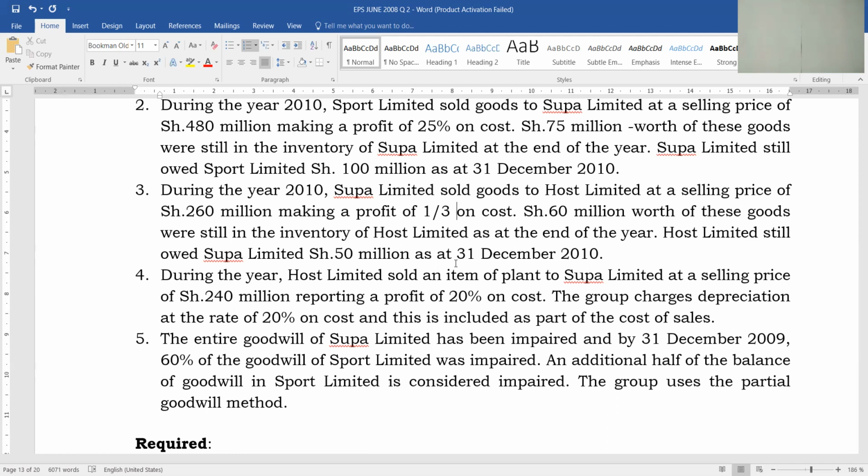If they overcharged depreciation, obviously they affected our profit, because the excess depreciation will understate our profit. At the same time, they affected the property, plant, and equipment account.